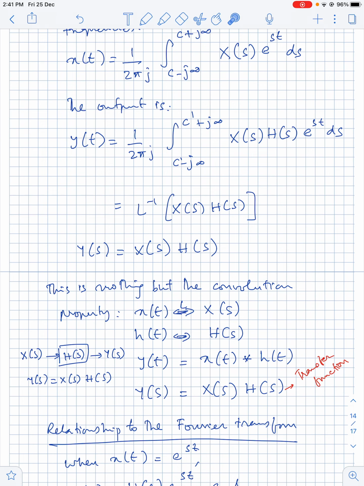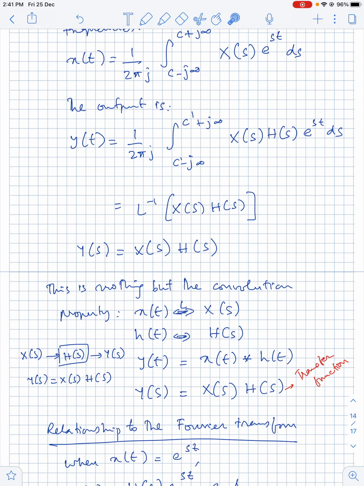This is the same relationship which we saw in the Fourier transform, that when you convolve in time, it is equivalent to multiplying their Fourier transforms. The same property is used here: when the input output relation is convolution in the time domain, in the Laplace domain it is the product.